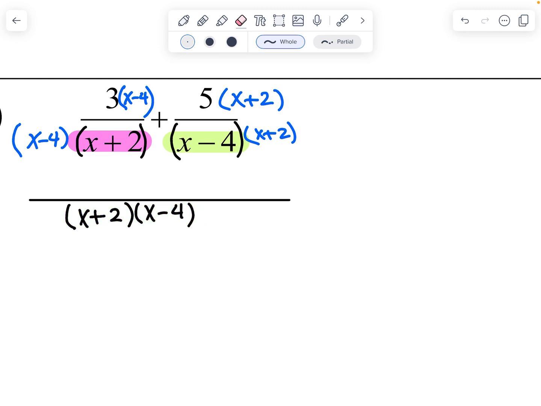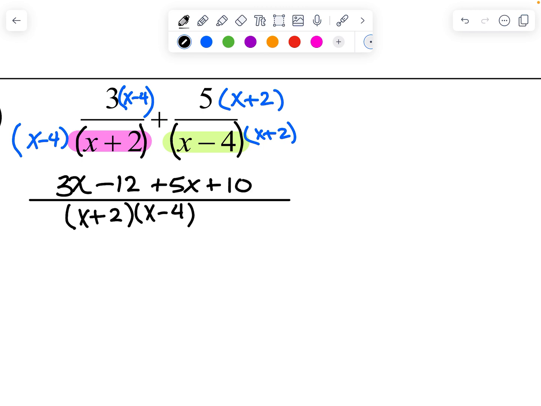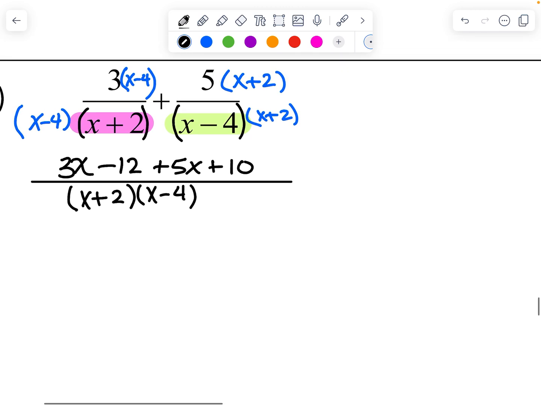Okay? So now we're going to do that. So now we're going to distribute. We're going to take 3 times x. We're going to take 3 times negative 4. We're going to take positive 5 times x. We're going to take positive 5 times 2. Then we're going to add like terms. 3x and 5x are 8x.